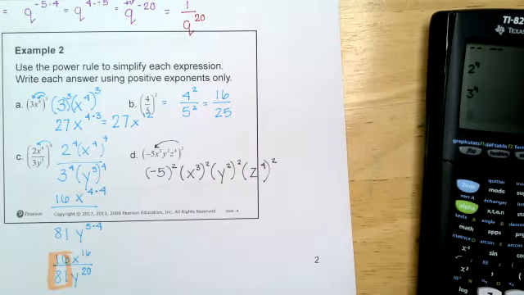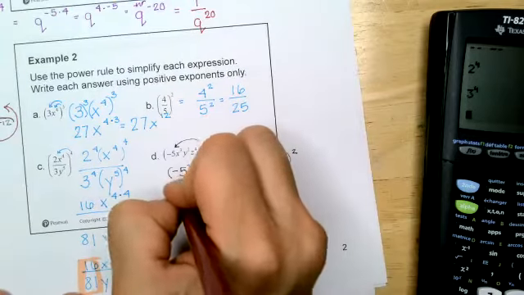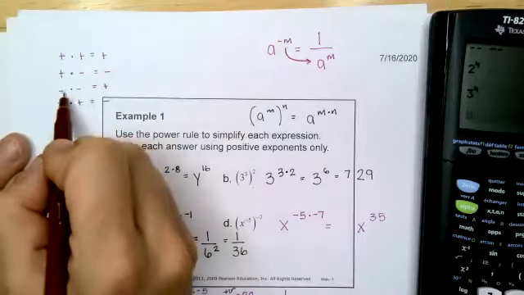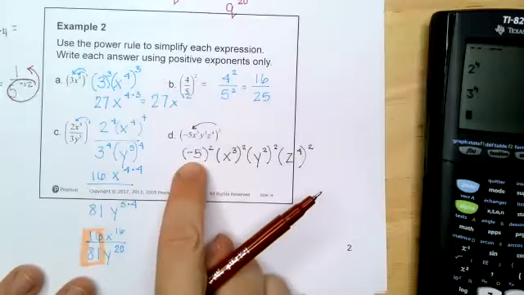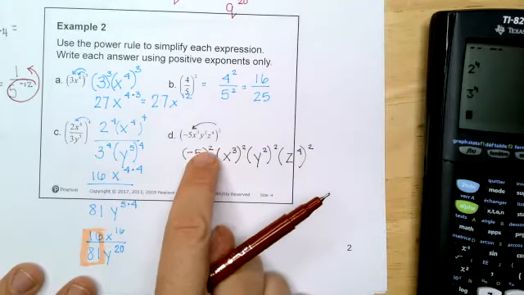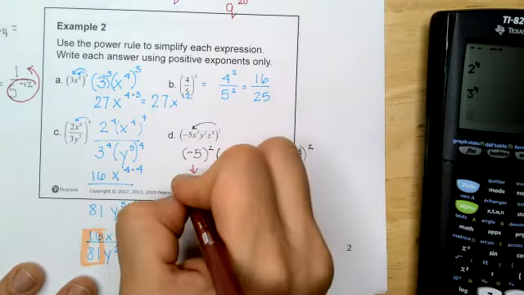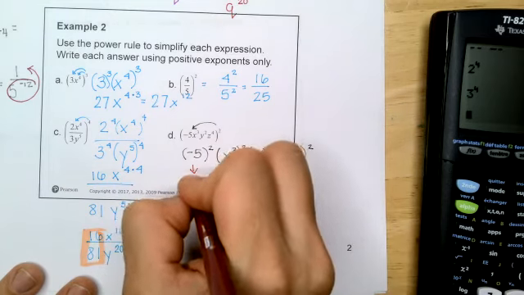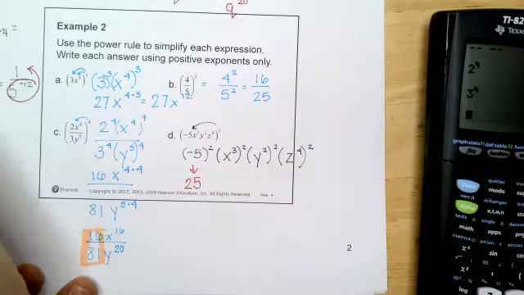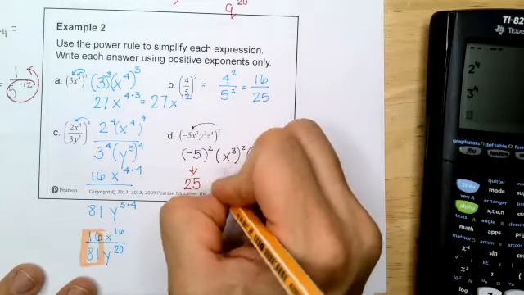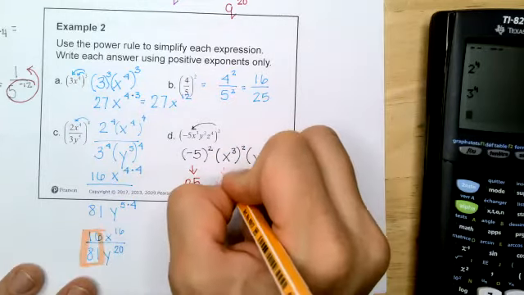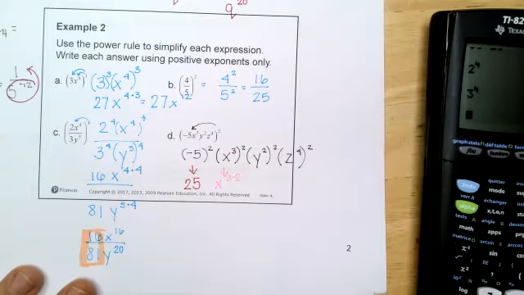Any questions? All right, that -5, remember, a negative times a negative is going to make you a positive number. That is why anytime you have a negative raised to a second power or any even power, it becomes a positive number. So that actually becomes a positive 25. X to the 3rd squared becomes, keep the base, multiply the exponents, x to the power of 3 times 2.